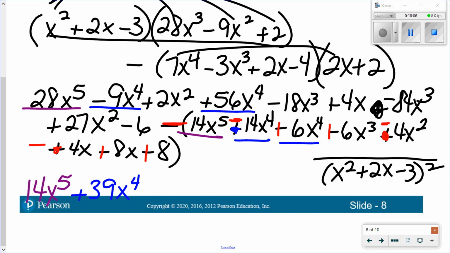All right, and we have cubes. There's a cube, there's a cube, there's a cube. I think that's all of them. I have 8. Okay, so negative 18 minus 84 and plus. So we have minus 96x cubed.